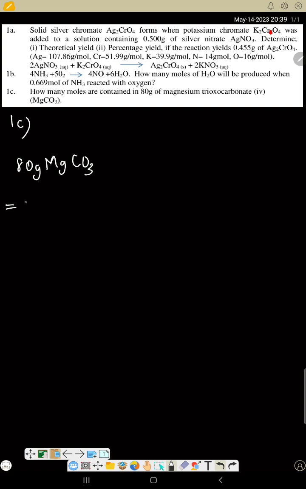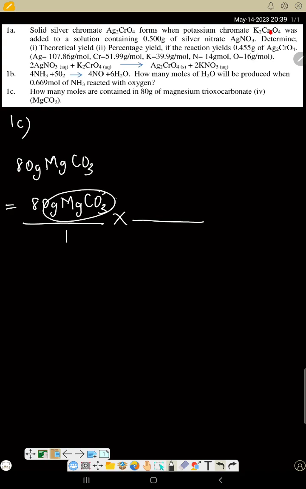So start with what you have, 80 grams of MgCO3 over 1, times. So how can you remove this gram of magnesium carbonate? So find the relative molecular mass.